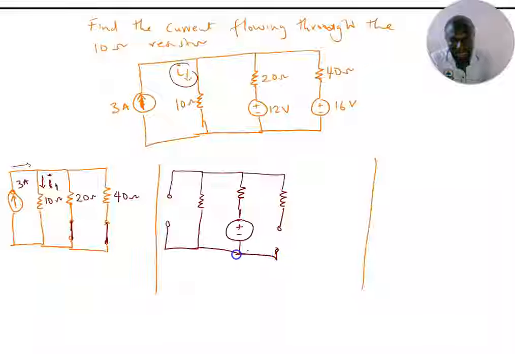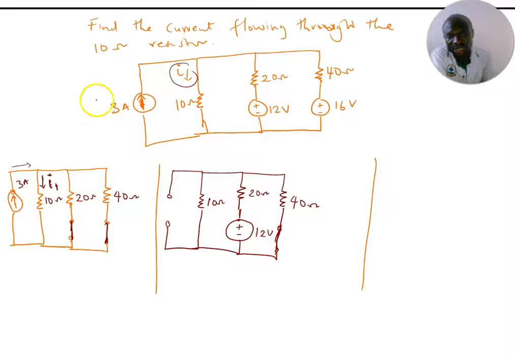When we are taking it out, we short circuit it. When it's a voltage source, we do short circuit, but when it's a current source, we apply the open circuit. So here we have our 10 ohms, our 20 ohms, and our 40 ohm.